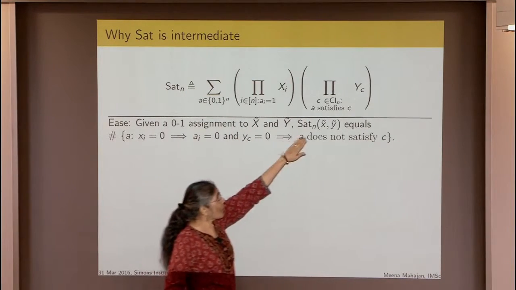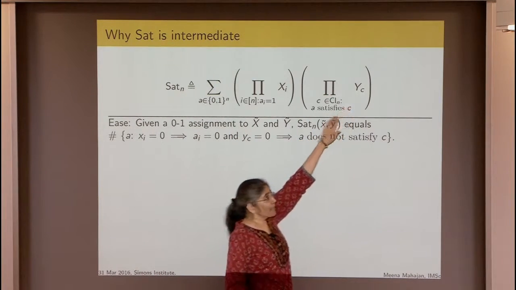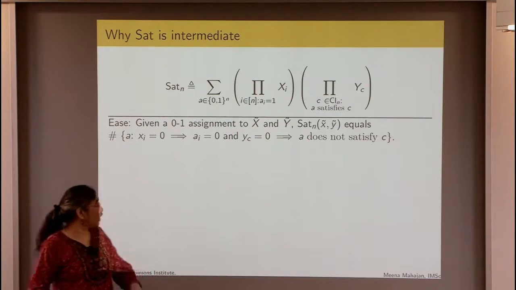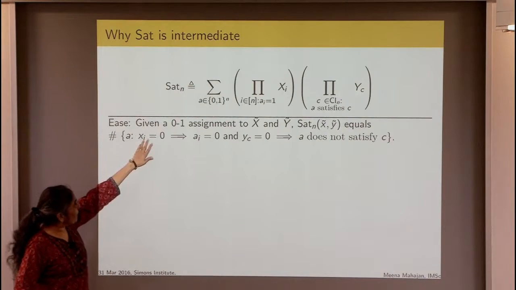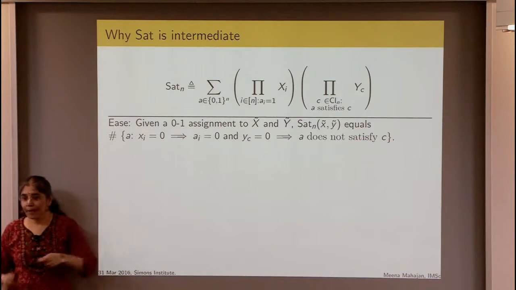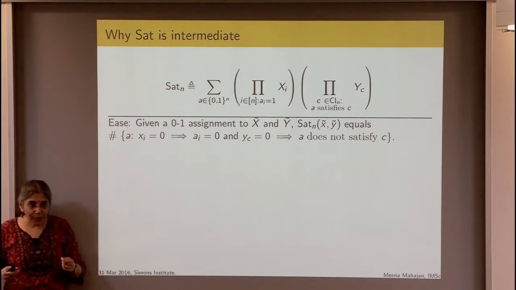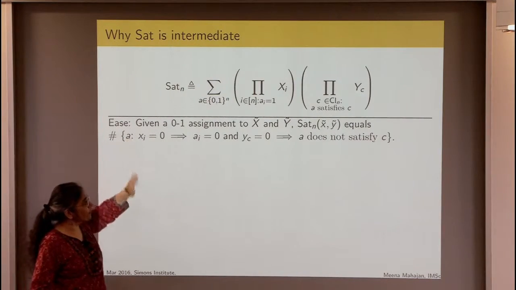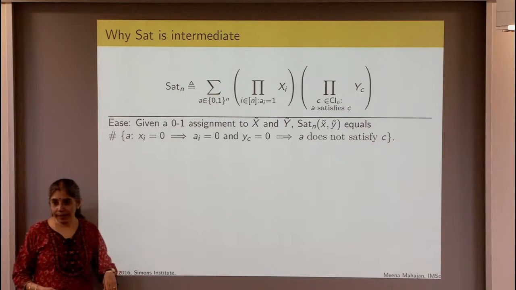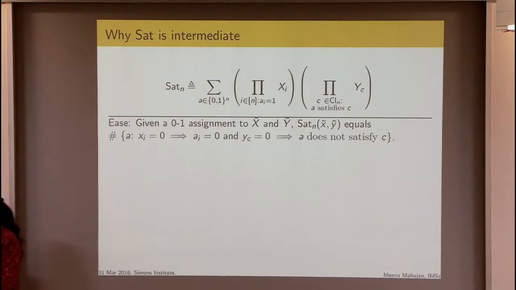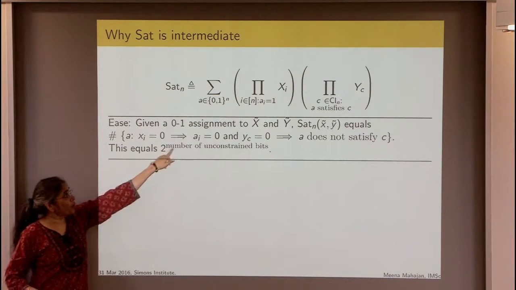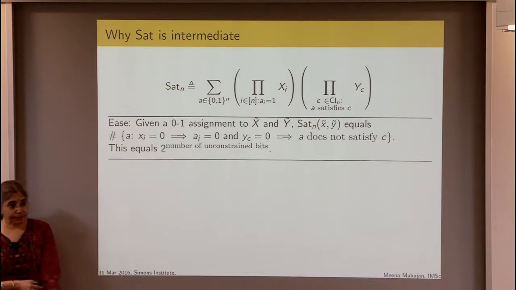Similarly, whenever a clause takes the value 0, it must be the case that that assignment does not even satisfy this clause. So the moment we are given values to x and y, some bits of A are completely fixed. In order that A is able to contribute to this sum, some bits of A have to be fixed in a certain way. And the remaining bits of A are unfixed. You can change them in any way. So therefore, the total sum is exactly 2 raised to the number of unconstrained bits.